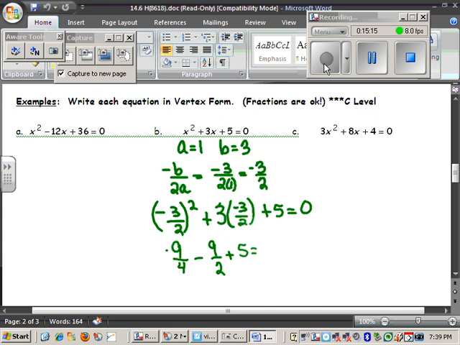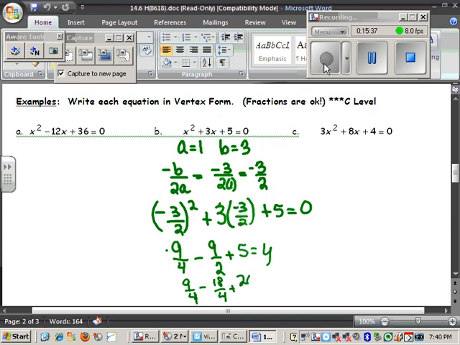Now, in order to make my math a little easier, I'm going to just make common denominators. And I'm going to change the 0 to a y because it will make more sense that we're solving for y. So I have 9/4. That's going to be my common denominator. Minus, I'm going to put my 9 halves in with a common denominator of 4. So that will be negative 18/4. And I want to put my 5 with a denominator of 4.